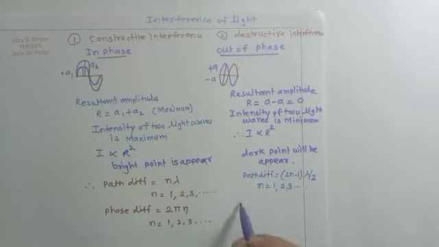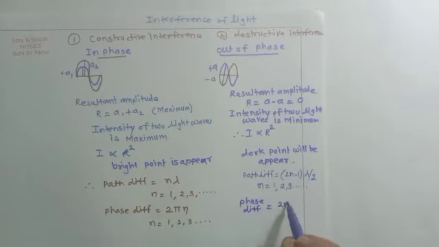Or phase difference for dark band will be (2n minus 1) pi, n is equal to 1, 2, 3, 4 and so on. Using these two conditions, we can solve some examples on interference of light.